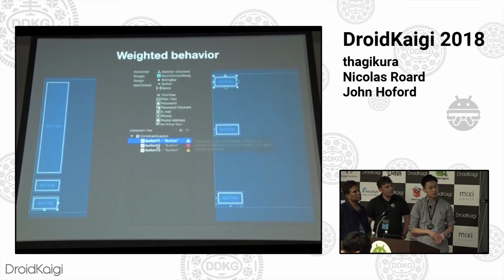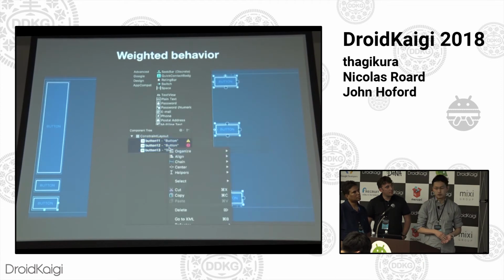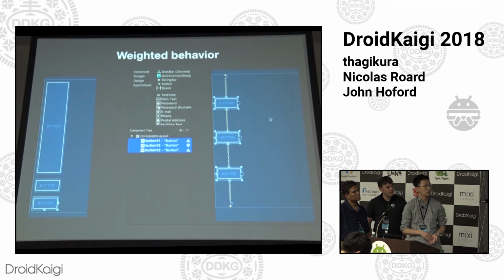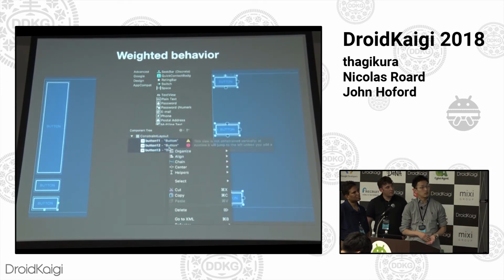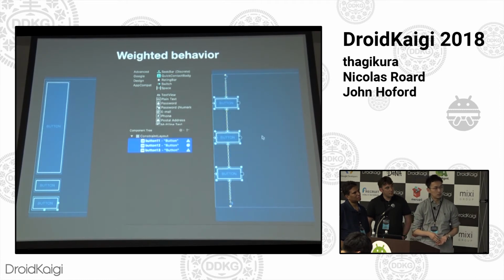Then another common use case of linear layout is weighted behavior, like the image on the left. If you want to replicate this behavior, then you can first create a vertical chain, like the video on the right.